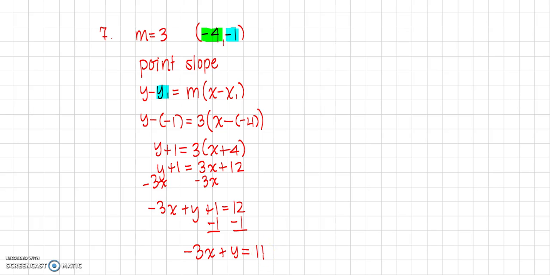Now if you look at the answers, C, B, and D all have a 3x, but it's a positive 3x. None of them are -3x. So in order to change that -3x into a positive 3x, technically I'm going to multiply everything by -1, which would give me 3x minus y equals -11, which means the answer is B.